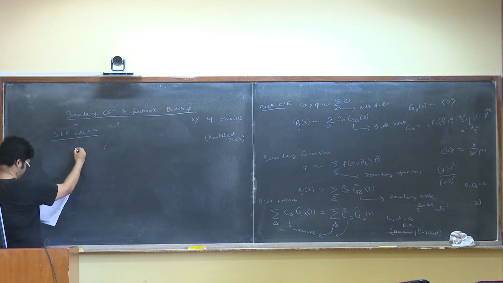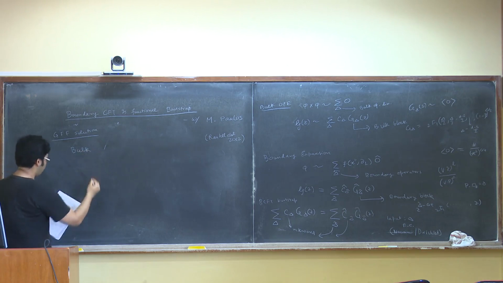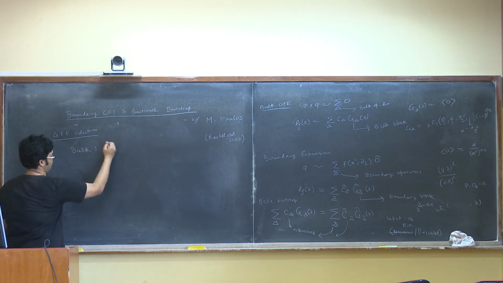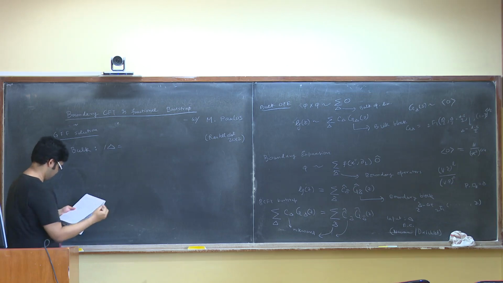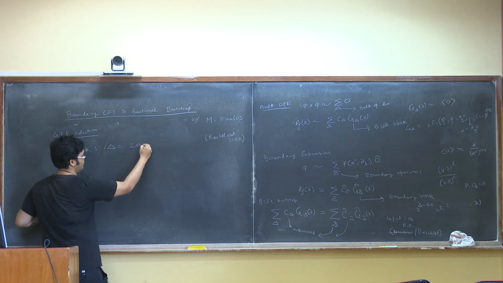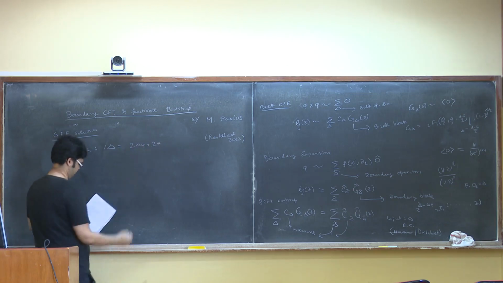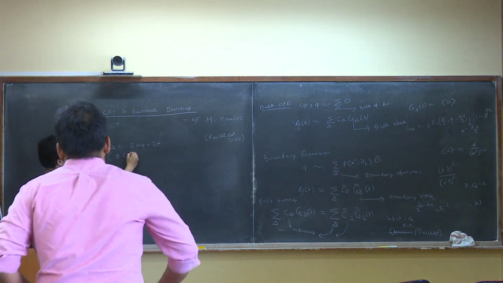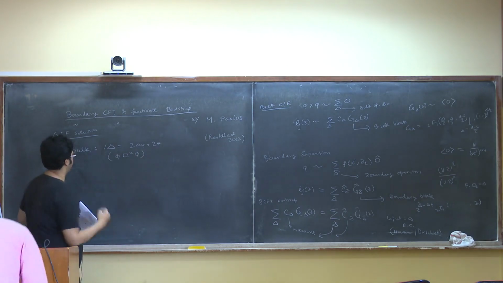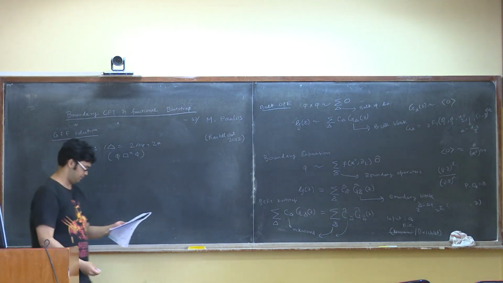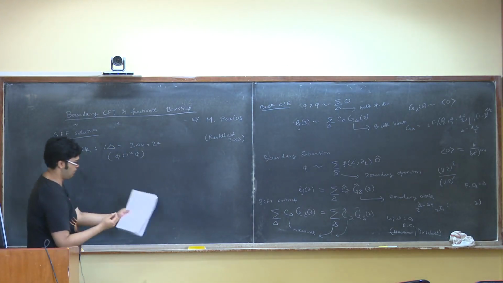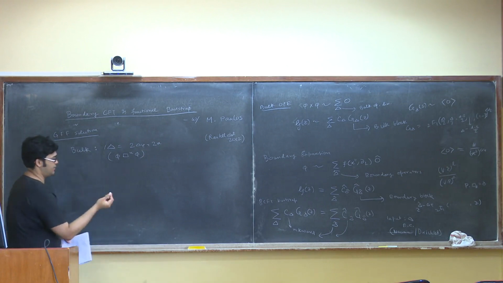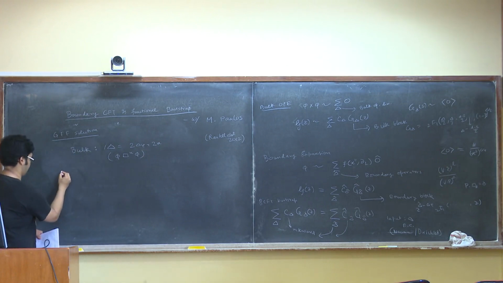The GFF solution is given by the following. In the bulk, I have the operators with delta equal to 2 delta phi plus 2n, which corresponds to operators of the kind phi box to the power n phi. Then I have boundary operators, and that depends on what boundary conditions I have put in.